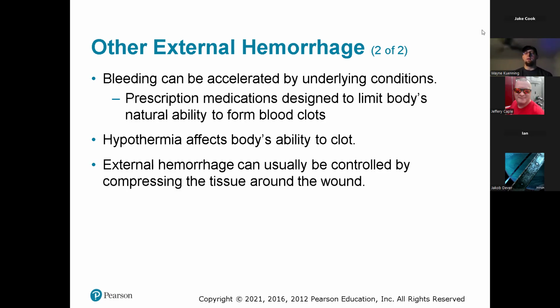The things that can cause accelerated blood loss: prescription medications. I covered a couple of those that inhibit or limit your body's natural ability to form clots. Also, hypothermia affects the body's ability to form clots. Hypothermia starts affecting the clotting cascade at 95 degrees core temperature.